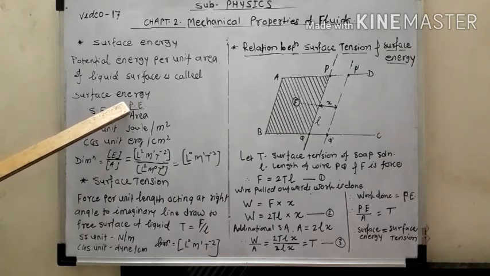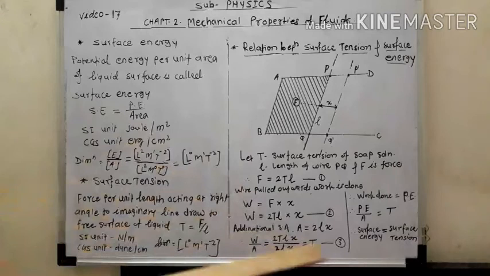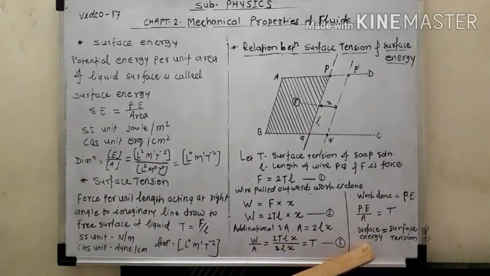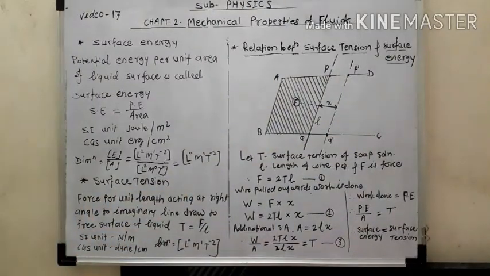Therefore, instead of potential energy per unit area, we can write the surface energy, and T is the surface tension. Surface energy is equivalent to the surface tension. This is the relation between surface tension and surface energy. This is very important. You can understand it well. Okay, thank you.